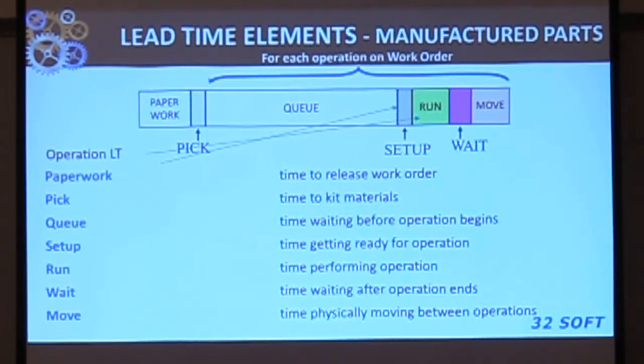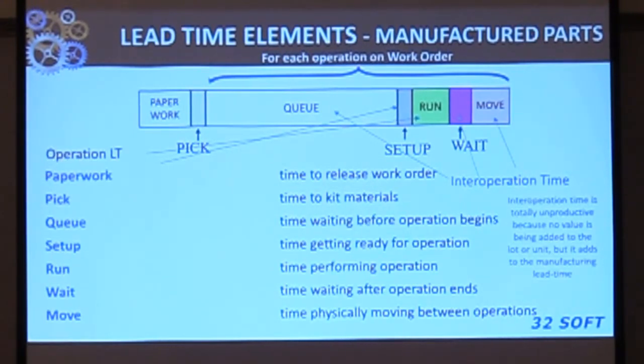That's how much time that particular work order is going to be at that work center doing an operation so that we can schedule and take into account the capacity for that. The interoperation lead times exist between setup and run and account for basically non-productive time.